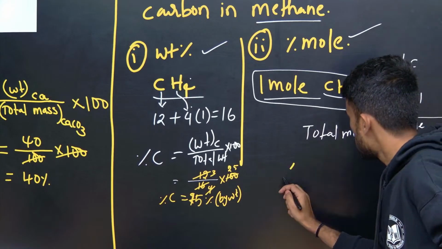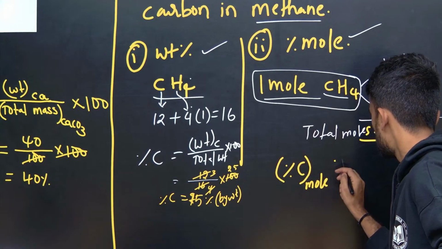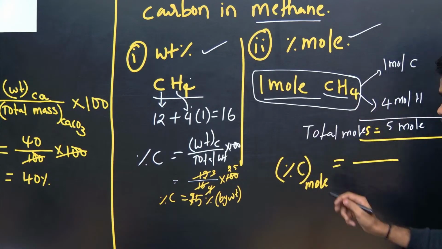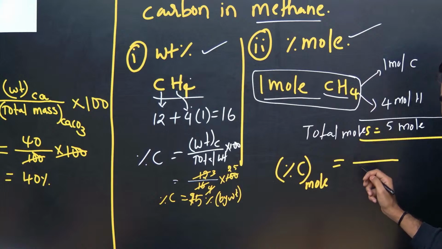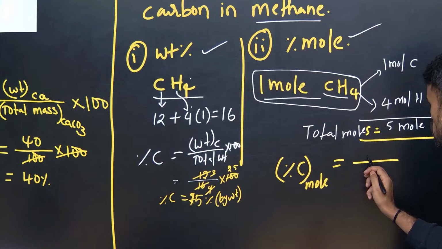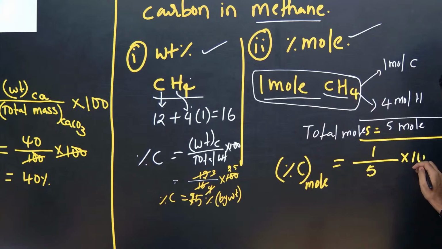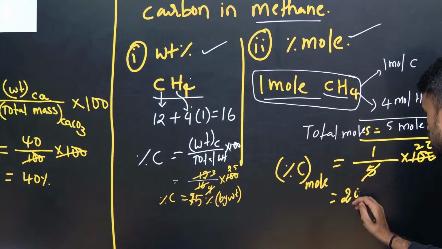Now I am asking the percentage of carbon by mole. What should we take? Number of moles of carbon by total number of moles into 100. Number of moles of carbon is 1, divided by 5, into 100. So it will be 20%.